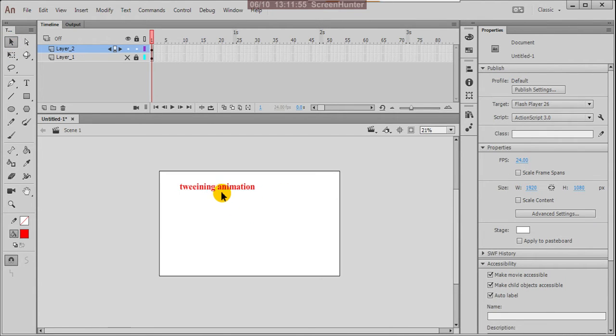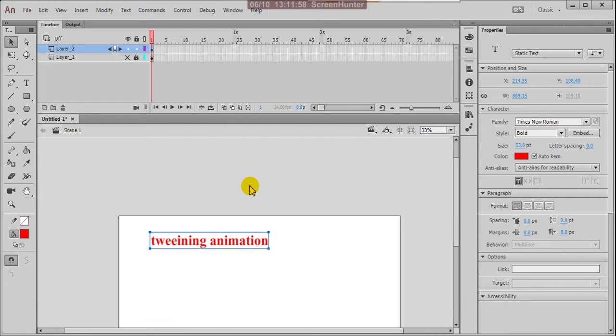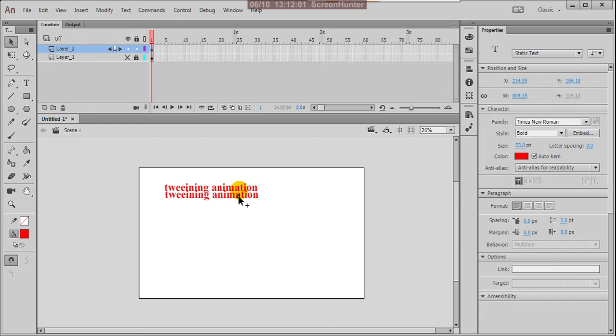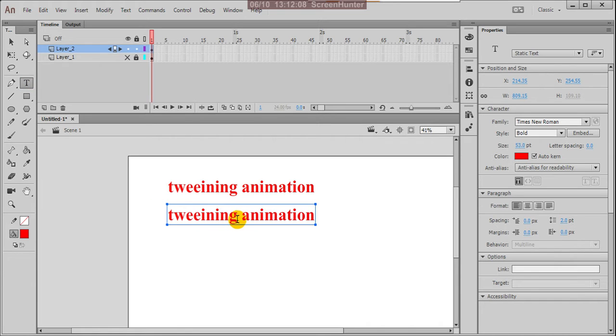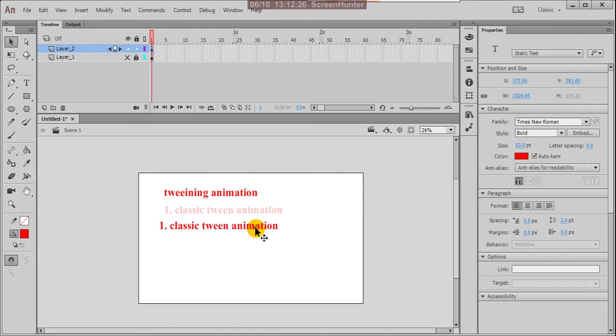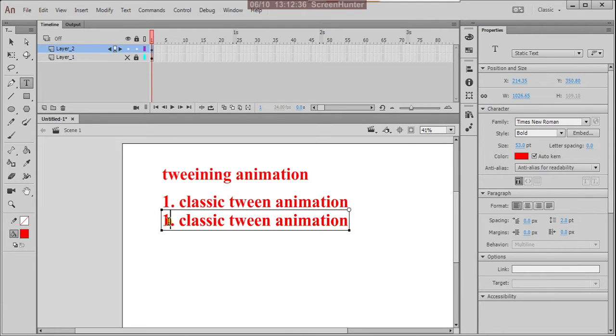Tweening animation again we have three categories. Suppose the duplicate of this, and here the name is classic tween animation. Then shape tween animation.